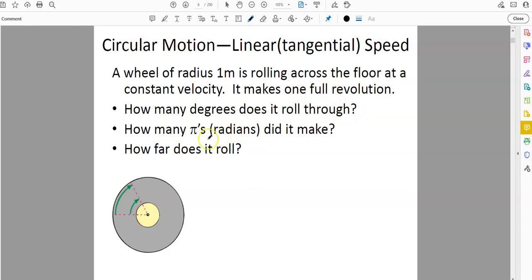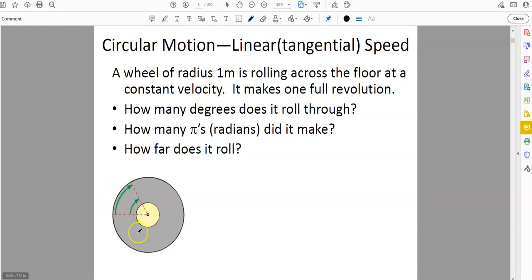How many radians, or how many pi's, where pi, the number, is 3.14, does it roll through, which is related to the number of degrees. And then thinking about it, how far would it actually roll if it rolled one full revolution and had a radius of 1 meter? How far would it have rolled in the x direction?